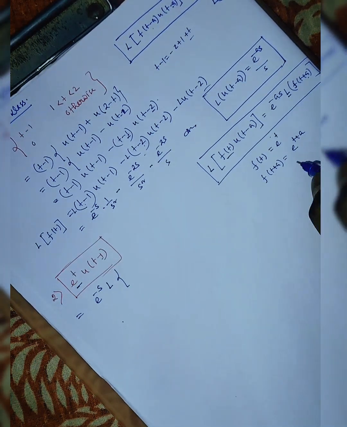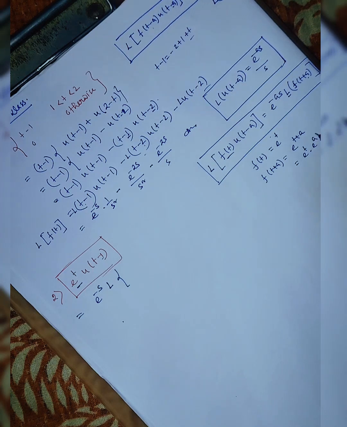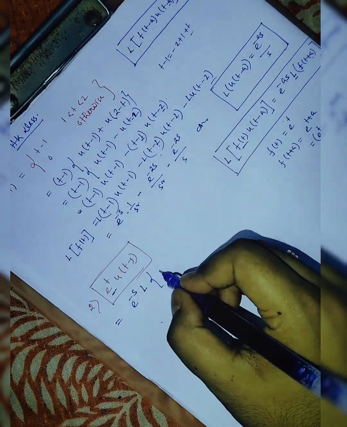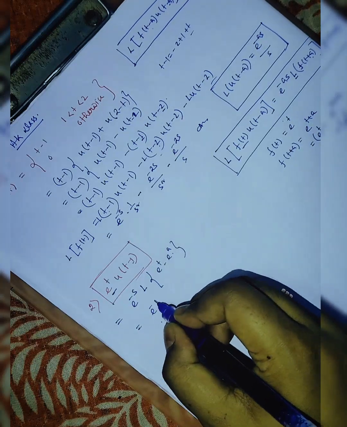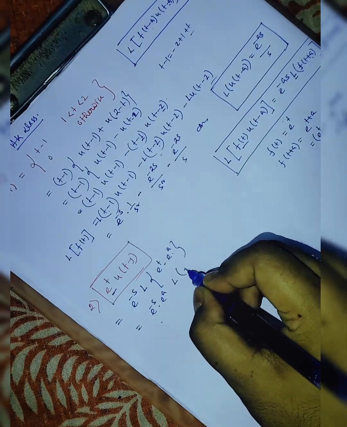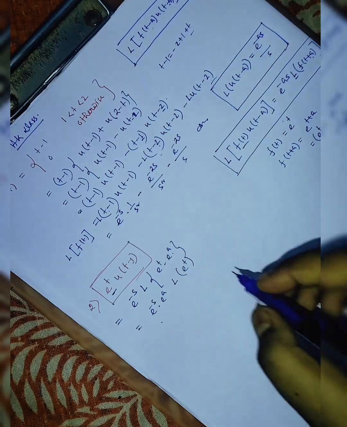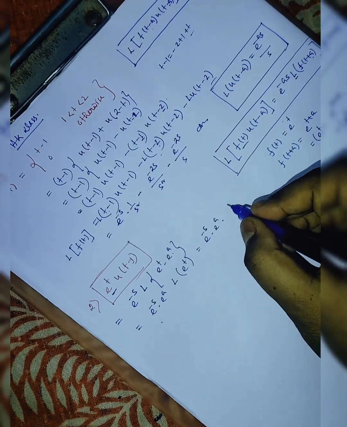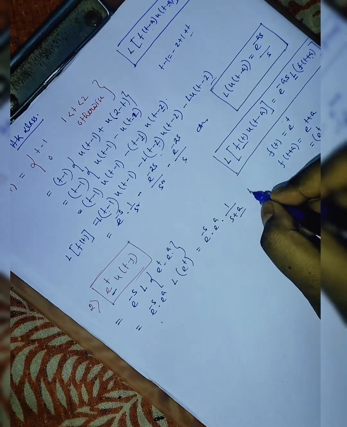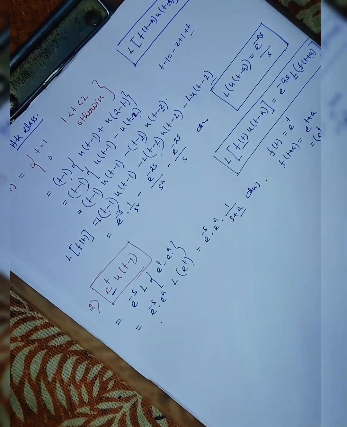You can also write e to the power t into e to the power a. Substitute this: L of e to the power t into e to the power a, and this e to the power a is constant, so e to the power minus a into e to the power a, L of e to the power t, and you all know the value of L of e to the power t, so the answer equals 1 by s plus a.